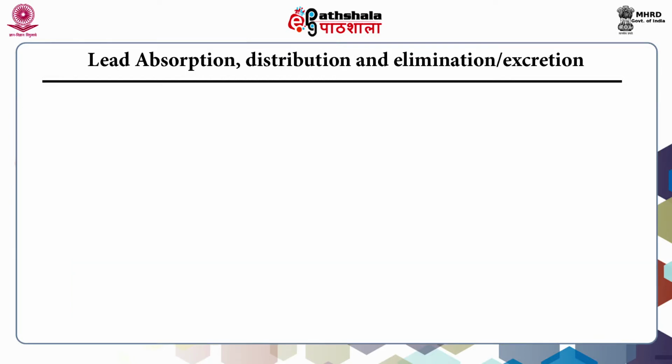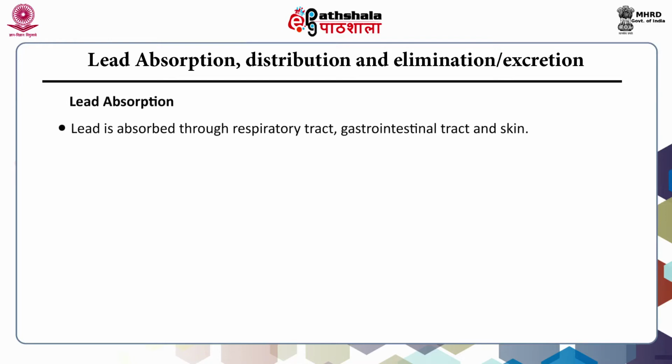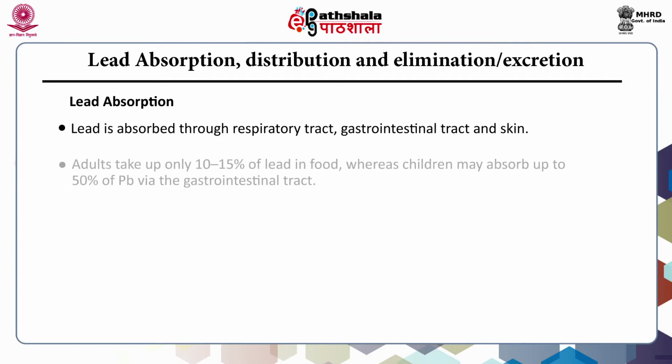Let me have a look at lead absorption, distribution, elimination and excretion. Lead is absorbed through the respiratory tract, gastrointestinal tract and skin. Adults may take up only 10 to 15% of lead in food, whereas children may absorb up to 50% of lead via the gastrointestinal tract.